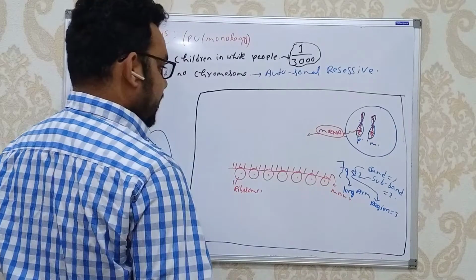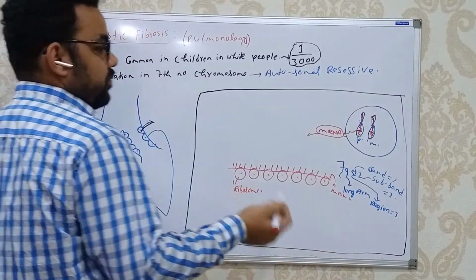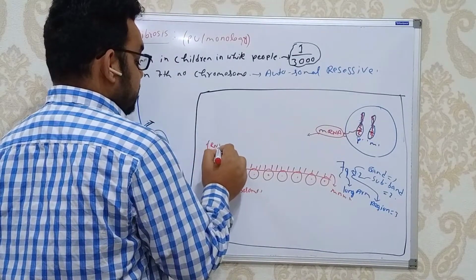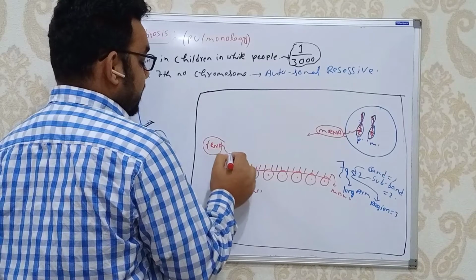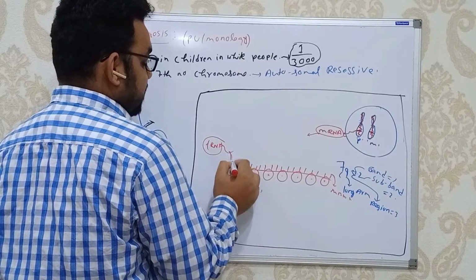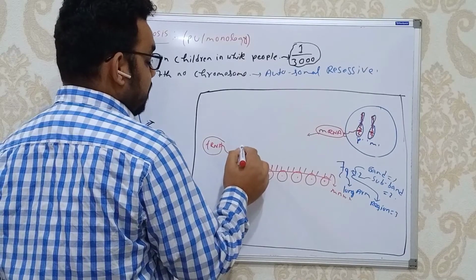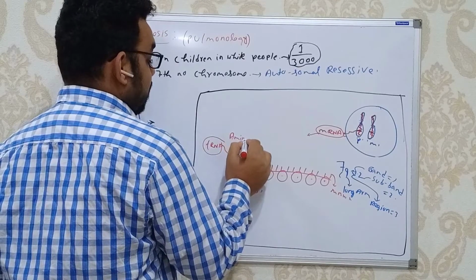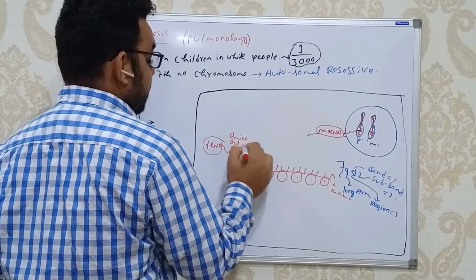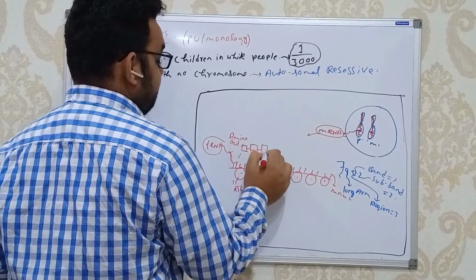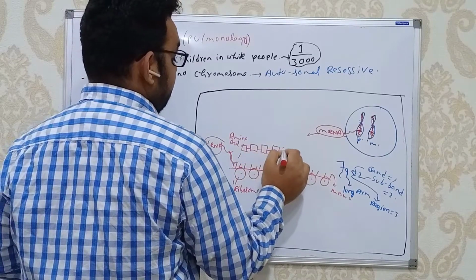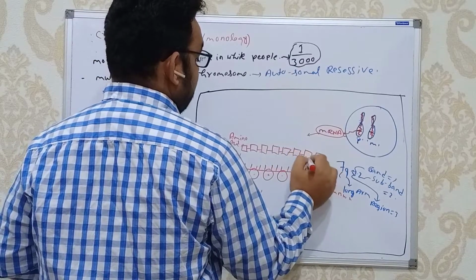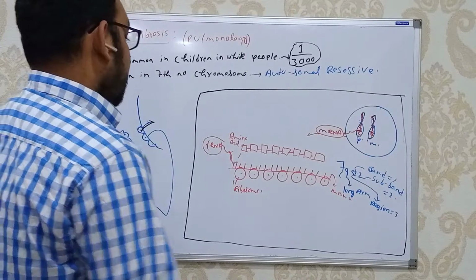The tRNA will come and help with translation, and it will produce the amino acids. The sequence of amino acids will form here, just like this.